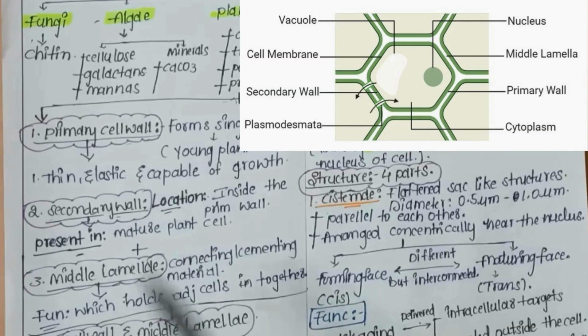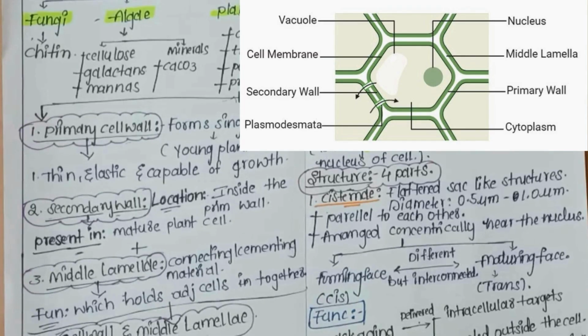The cell wall and middle lamella are traversed by plasmodesmata, which extend across the cell wall and middle lamella and connect the cytoplasm of neighboring cells. This allows transport of water and nutrients, and provides cell to cell communication between the plant tissues.